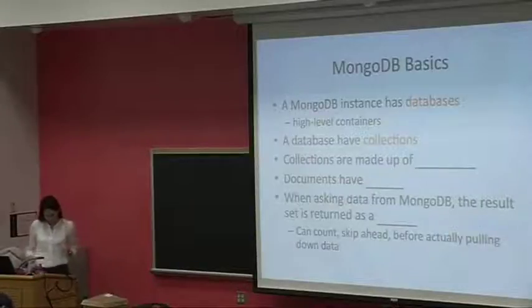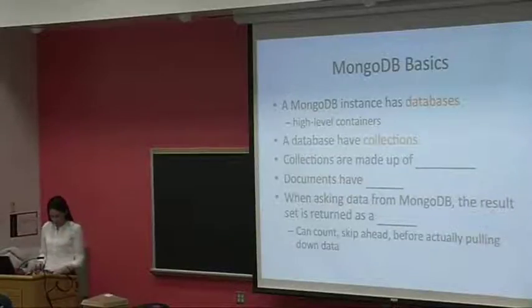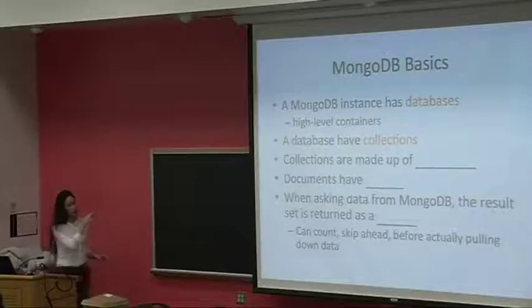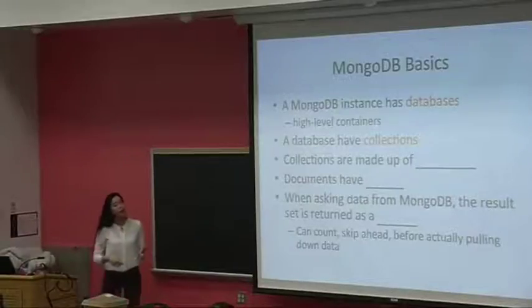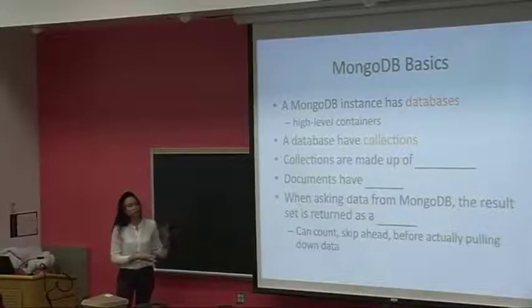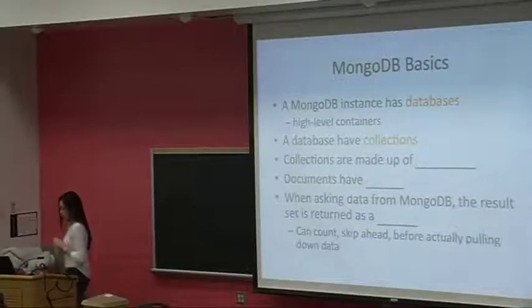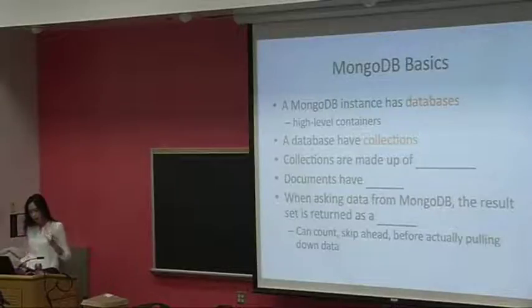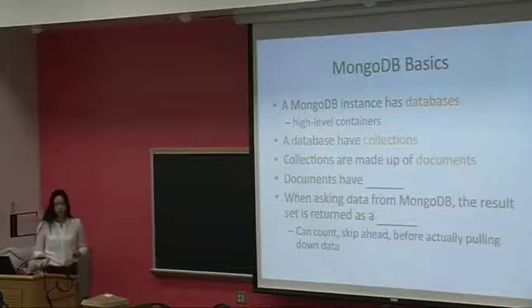What we mean by collection is the idea of mapping to a table in SQL. Okay. So for collections, earlier we showed you maybe tweet can be one kind of collection, user can be one kind of collection. So here they just have different terms with a high-level similar idea. And collections are made out of documents.